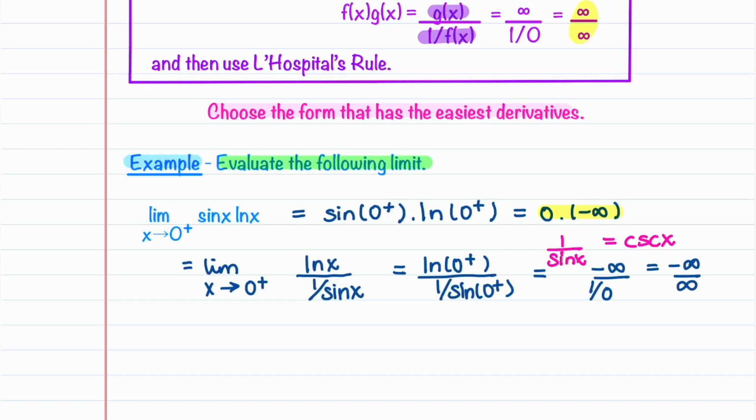And that is the indeterminate form that tells us that we can apply L'Hopital's rule. So that's what we're going to do. I'm going to put an LH over here so that we know we're using L'Hopital's rule. And this gives us the limit as x goes to 0 from the right.